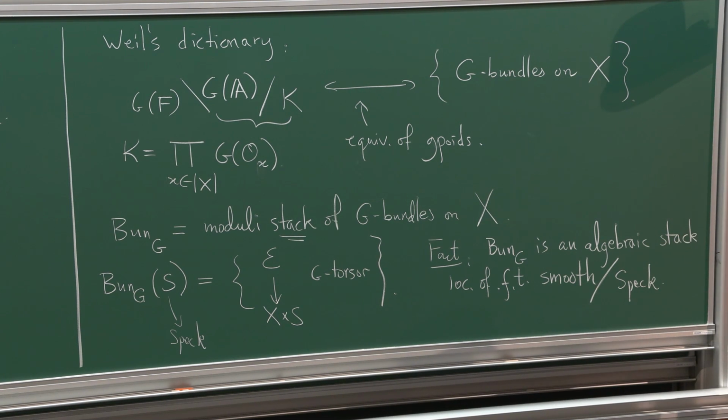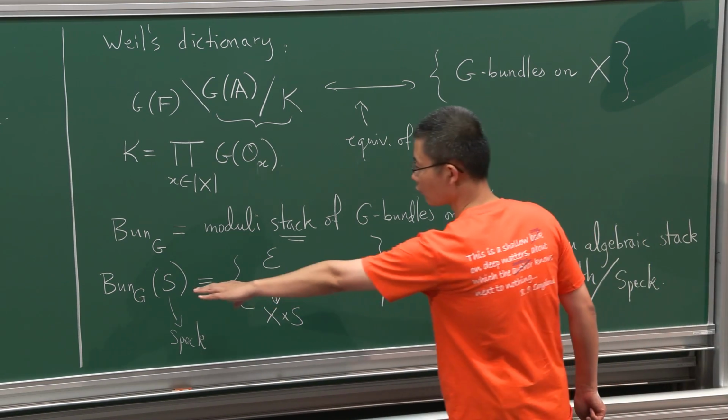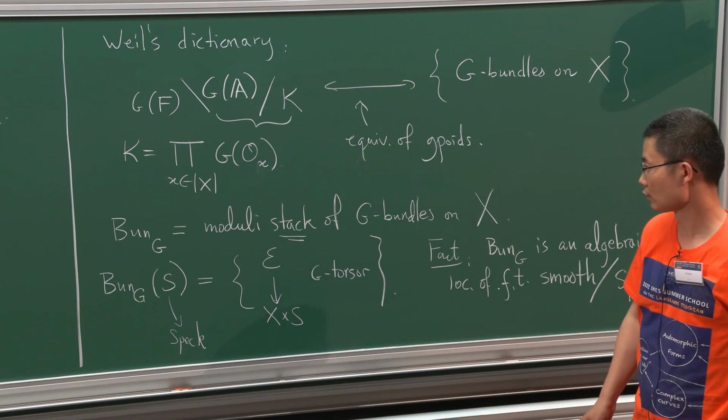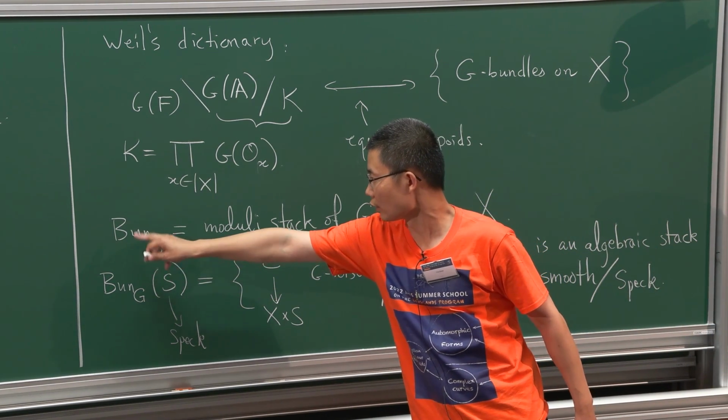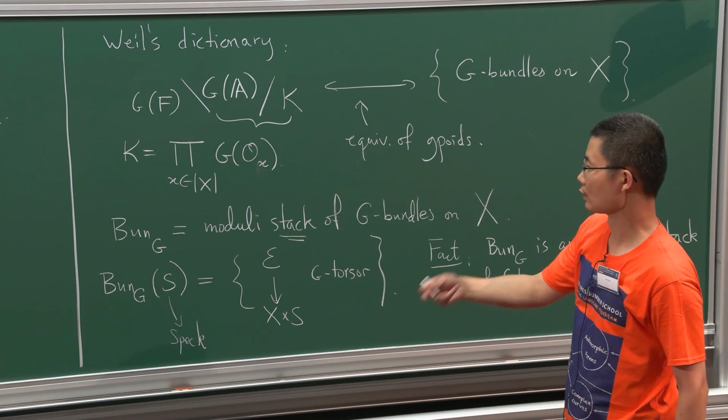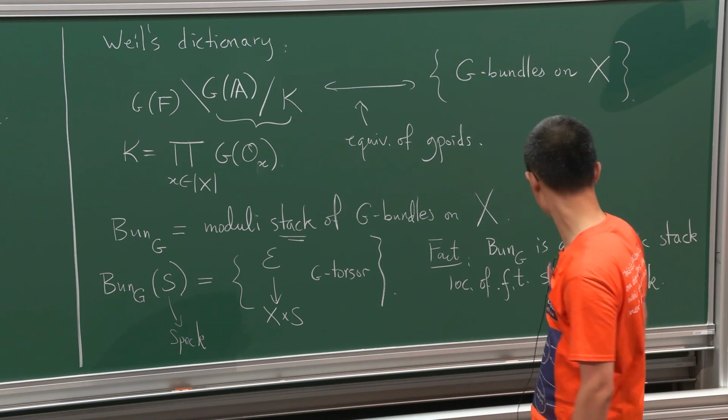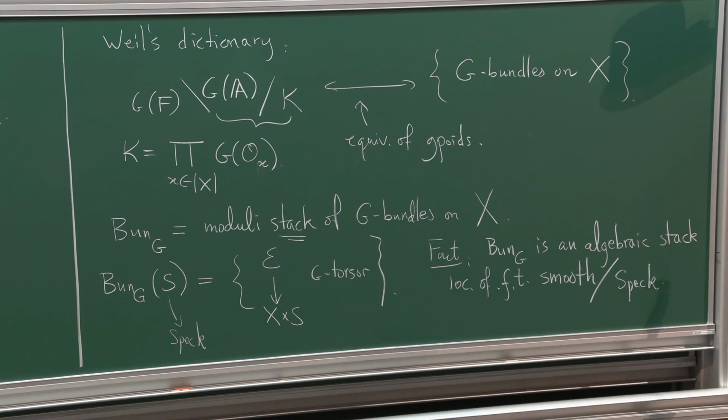So it's more or less like our favorite smooth varieties, except that points here can have positive dimensional automorphisms. For example, the trivial bundle here has automorphism by the whole G. That's viewed as a continuous group rather than a discrete one.